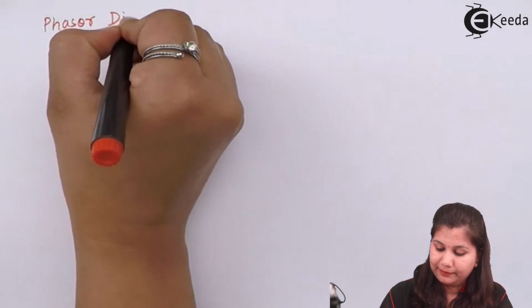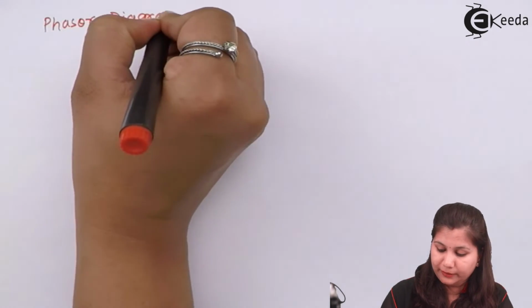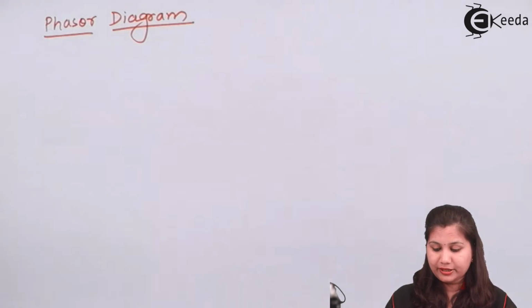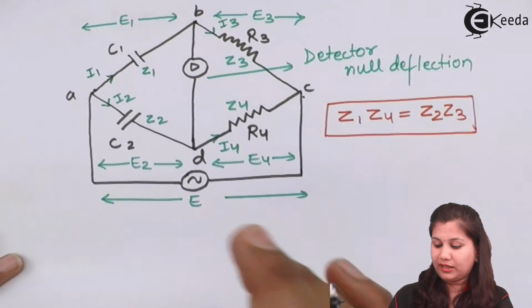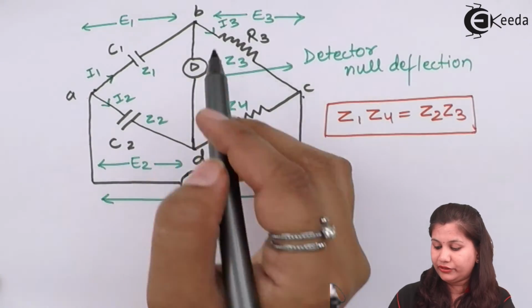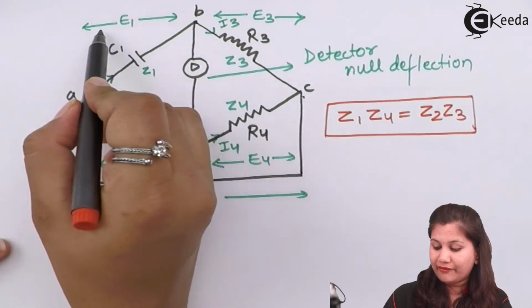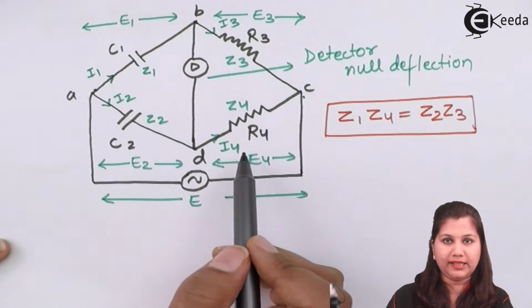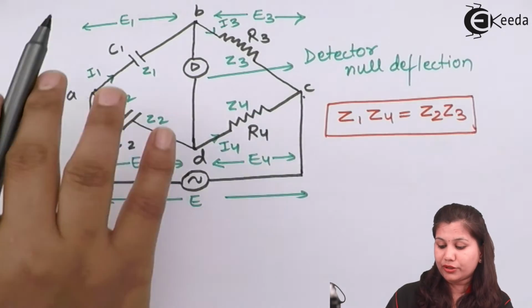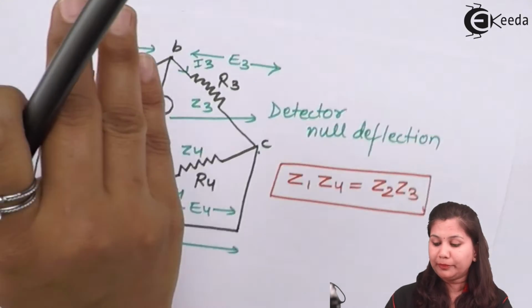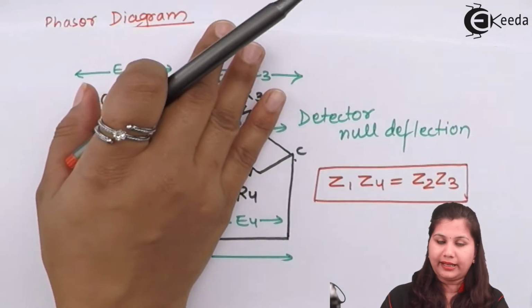So here in the circuit you can see we are having the currents I1, I2, I3 and I4 which are flowing in the respective arms, and also we are having the voltage drops across these arms. So what is the relationship between the voltage and the current in a particular arm? That will be shown in the phasor diagram.